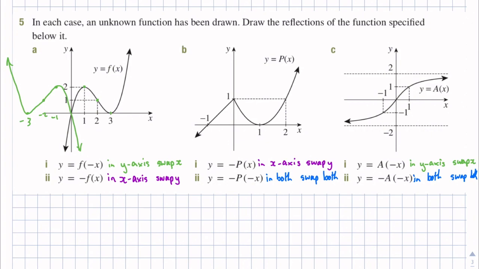And if we have a look at the other, swapping the y-axis one, so here, instead of being positive 1, it's going to be negative 1. Instead of being negative 1, it's going to be positive 1. So that's going to look like that.